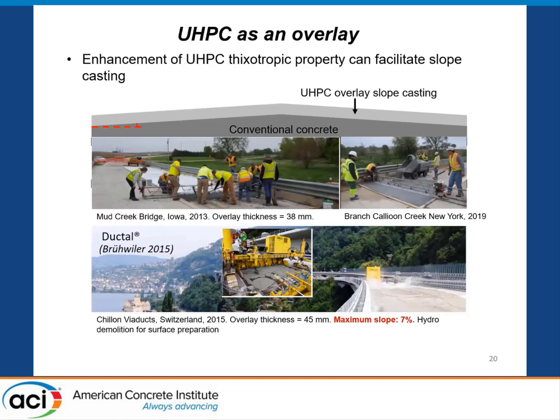Enhancing the UHPC with the thixotropic property can make it easier to mix. And after you cast it on the slope, it will stay still. It will not flow, so you can reshape it into any form.